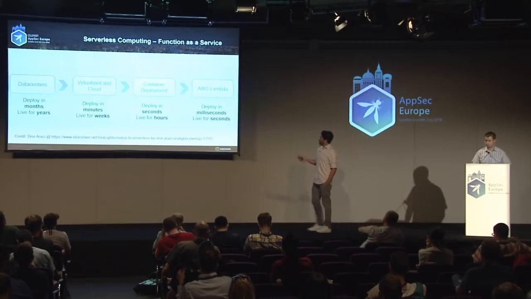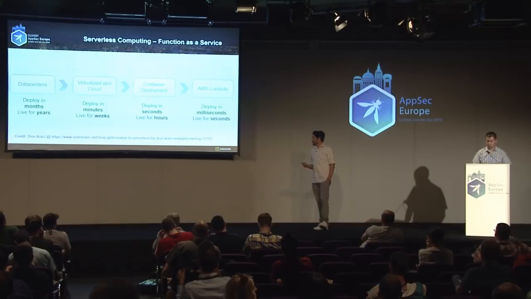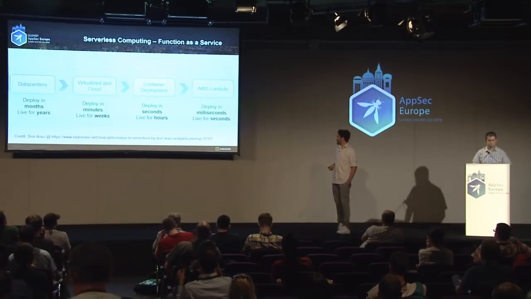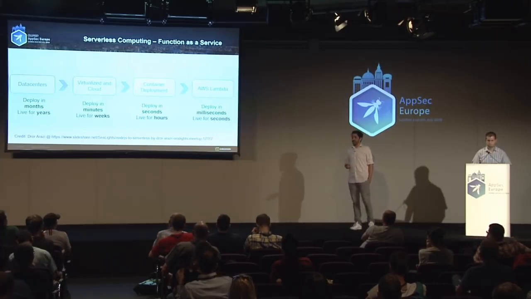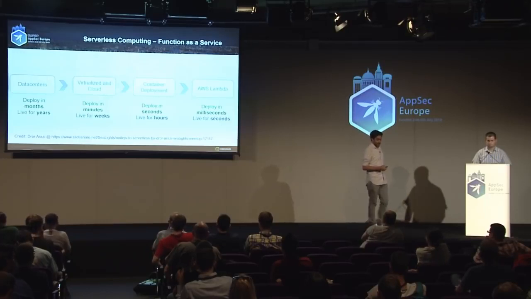And when containers were introduced, we deploy in seconds and live for hours. So you drop the container, you start a new container. And with AWS Lambda, you actually deploy in milliseconds, and you live for seconds, actually 60 seconds. After these 60 seconds, the functions that you've deployed just disappear off the server.